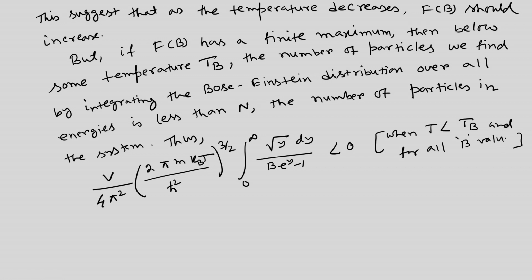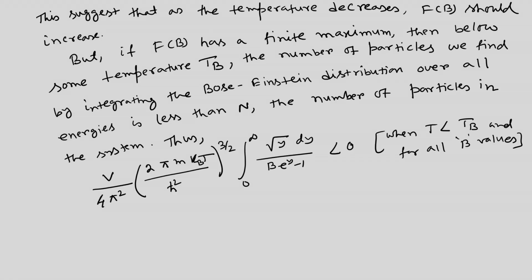So what I mentioned is, since if Fb has a finite maximum, then below some temperature Tb, the number of particles we find by integrating the Bose-Einstein distribution over all energies is less than n. That is the number of particles in the system.